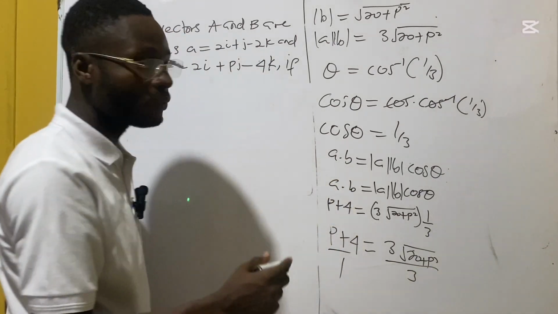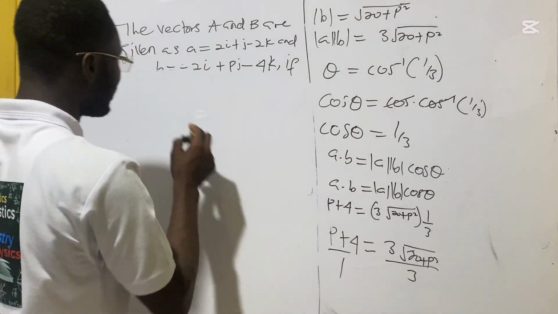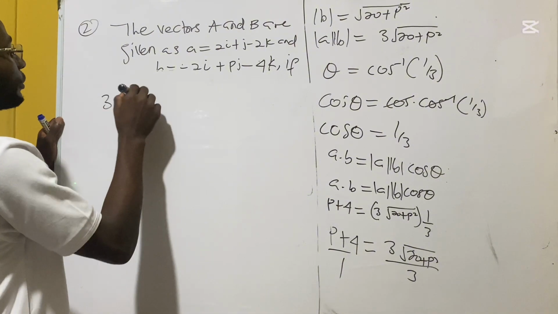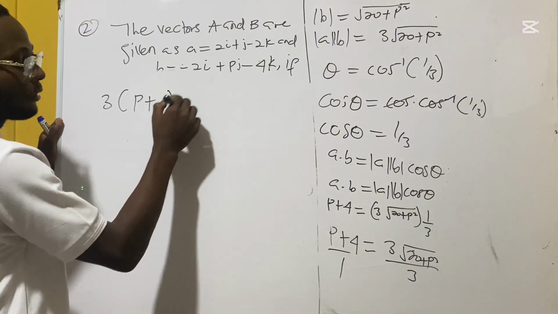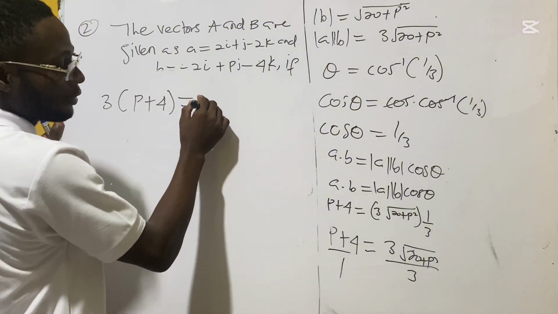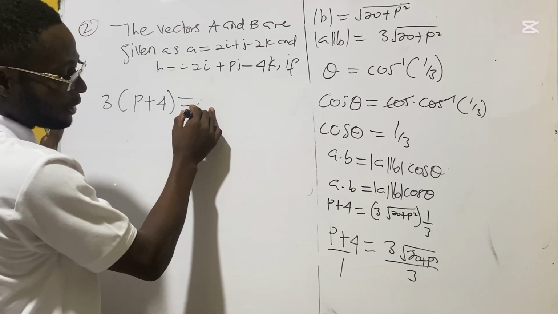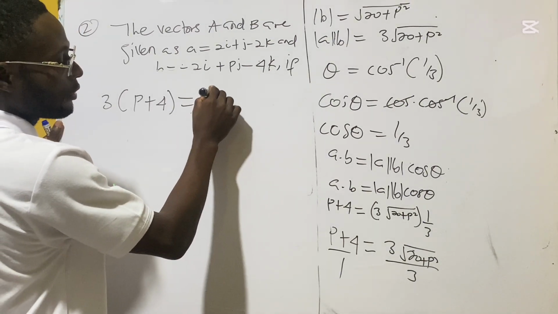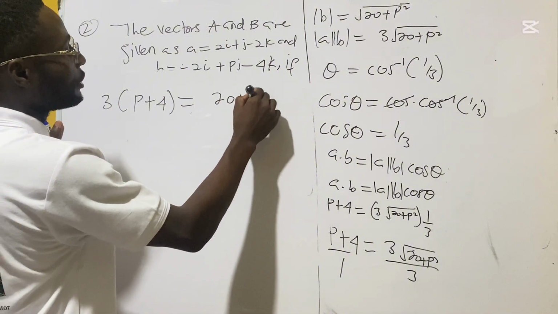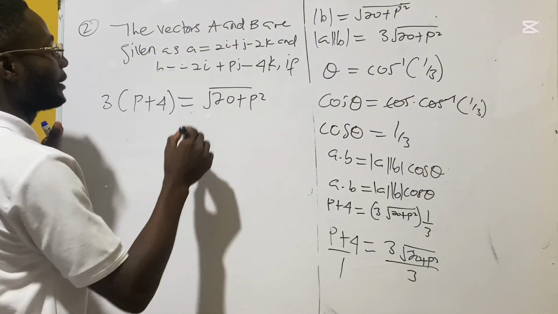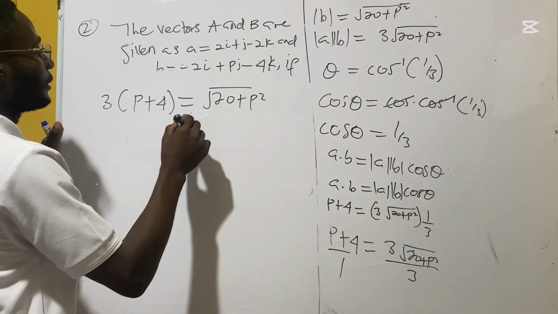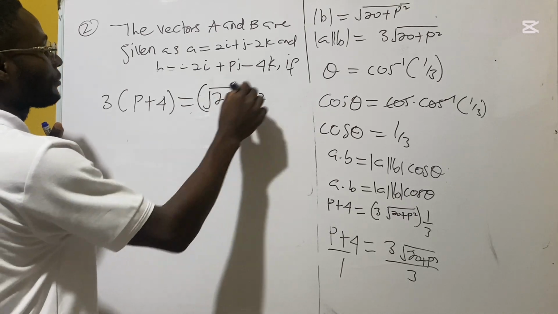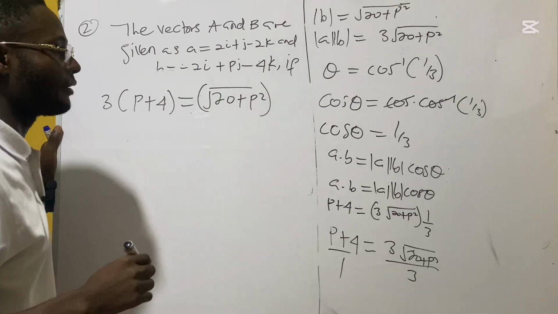So over here, we do cross multiplication. So we're going to have 3 into p plus 12 equals 3 into the square root of 20 plus p squared. Okay, so this is what we have.